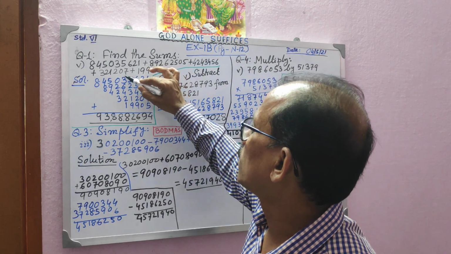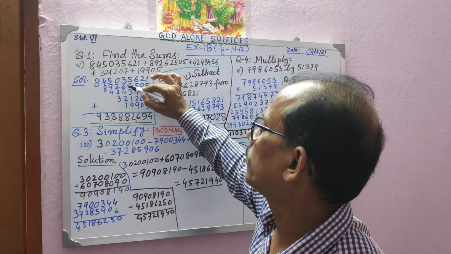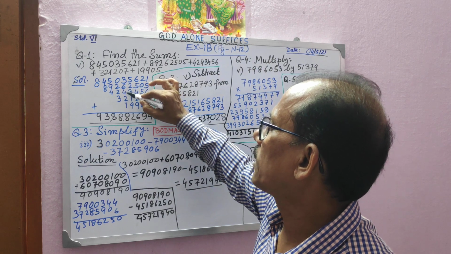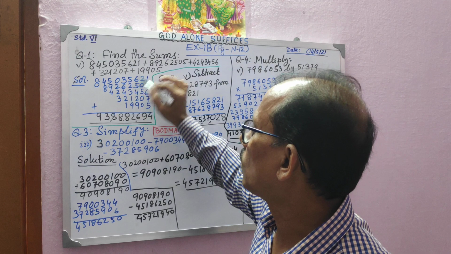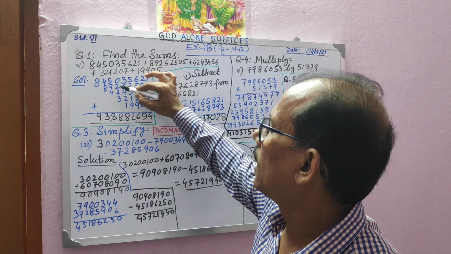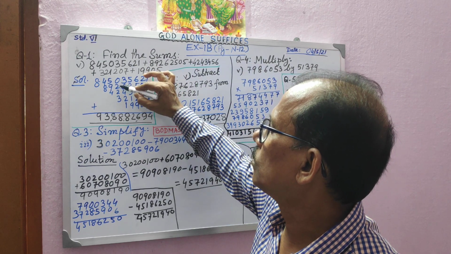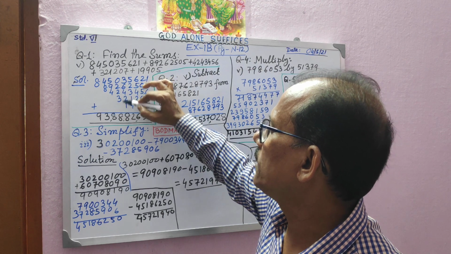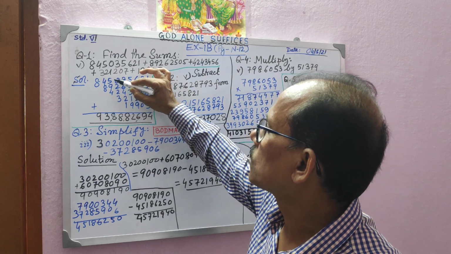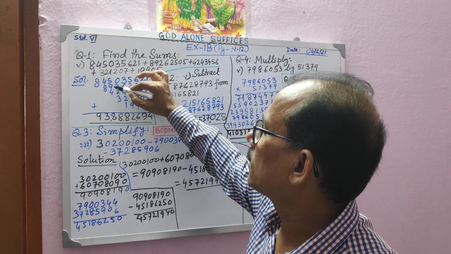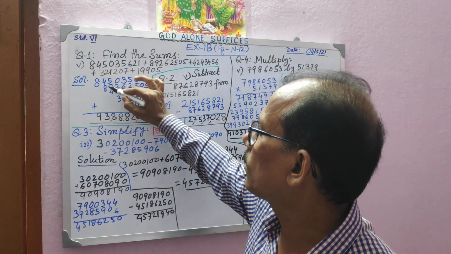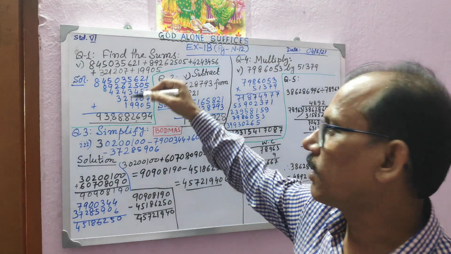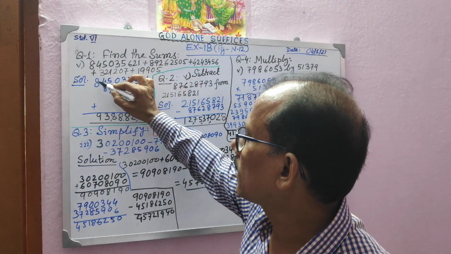Like this go, 3 to 5, 5 plus 6 is 11, 11 plus 4 is 15, 15 plus 2 is 17 plus 1 is 18, 1 carry over. See, 1, 2, 3, 3 to 5, 5 plus 3 is 8, now no carry over. So 5 plus 9 is 14 plus 4 is 18, 1 carry over, 8 plus 4 is 12 plus 1 is 13, 1 carry over, 8 plus 1 is 9.